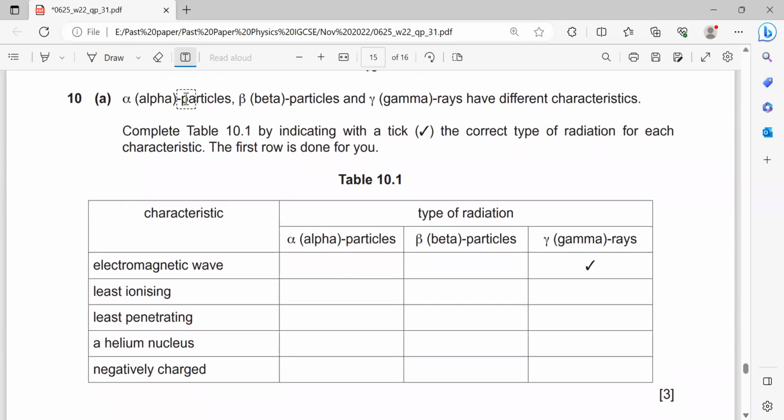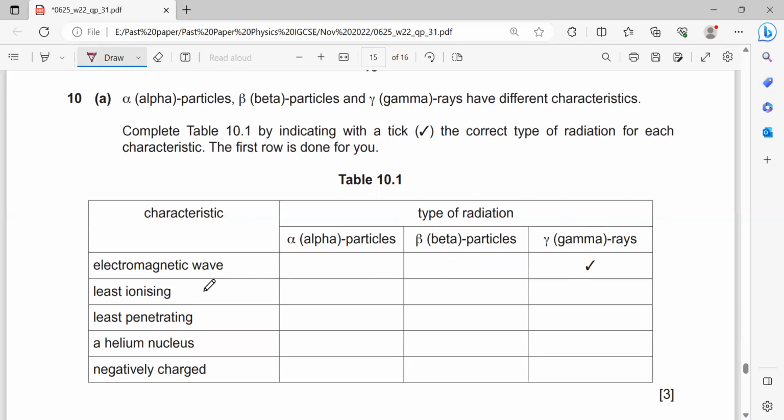Alpha particles, beta particles, and gamma rays have different characteristics. Complete table 10.1 by indicating with a tick the correct type of radiation for each characteristic. The first row is done for you. Electromagnetic wave is gamma rays.